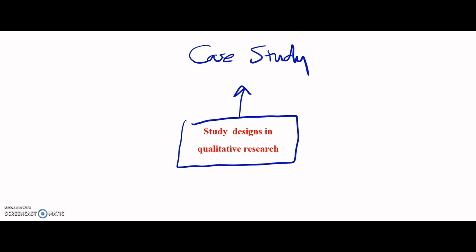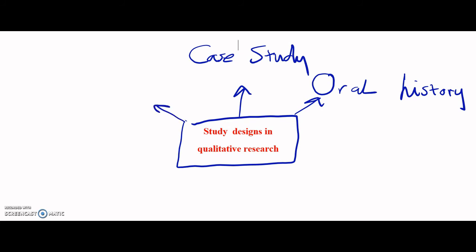Another example is oral history, where we depend on receiving oral information from somebody who was present at some historical event. So it focuses on some historical concerns.